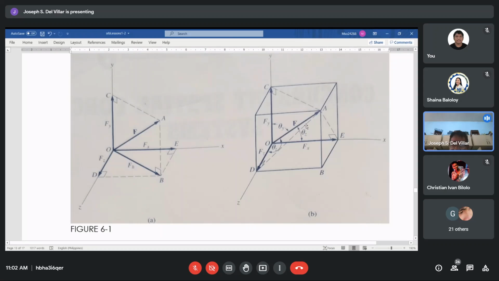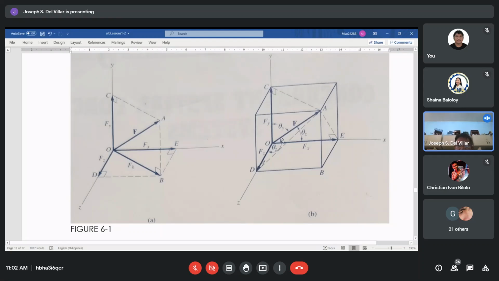Okay? Hypotenuse siya. And when we go to the z-axis, so from A, we drop a perpendicular line down to the positive z-axis with right angle at point D. So dito sa point D yung right angle. So we form a right triangle ADO with angle D as the right angle.